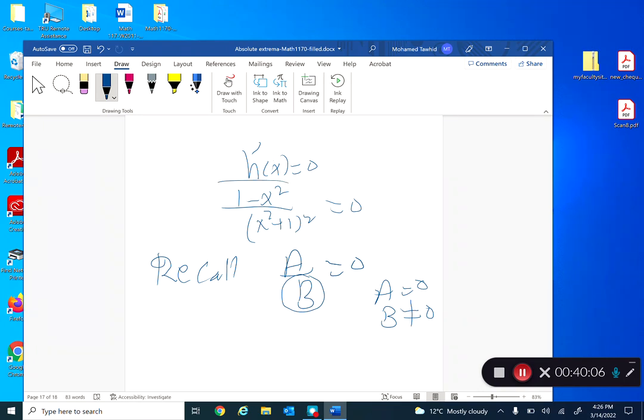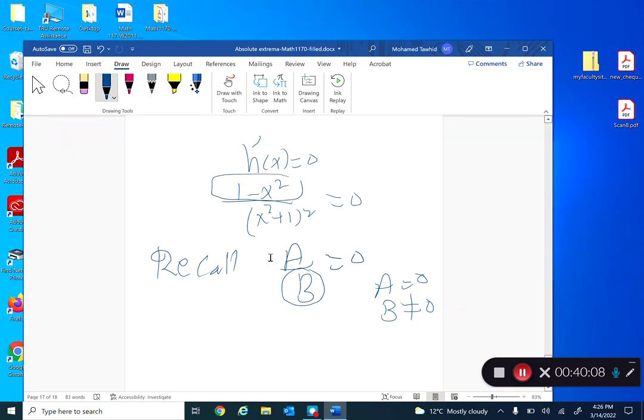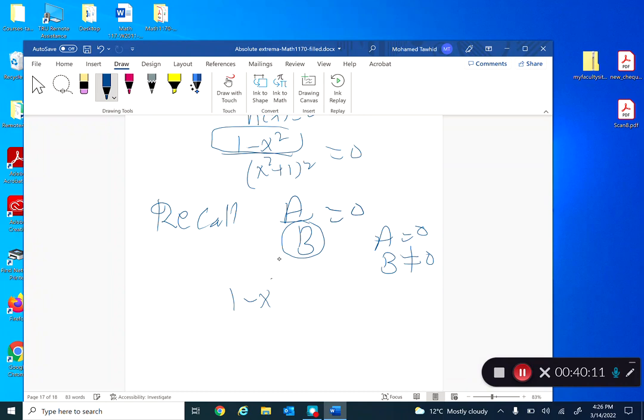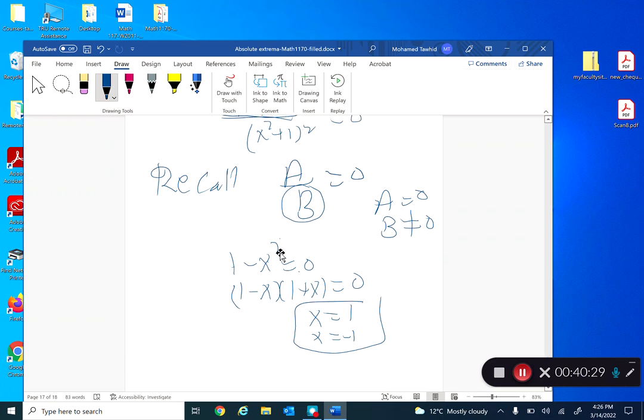So take whatever you have on top, which is 1 minus x squared, and that should be 0. How do we solve this? You can use the quadratic formula, or you can factor: 1 minus x times 1 plus x equals 0. Then x equals 1, or x equals negative 1, right? Negative 1 and 1.